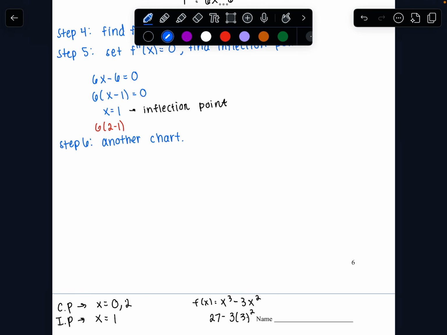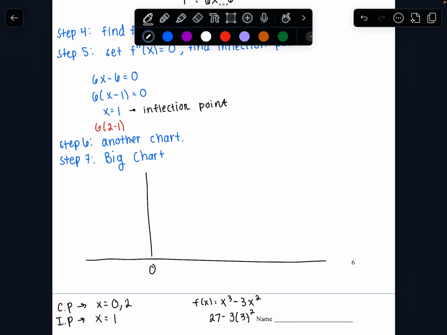So, step 7. Haha, 6, 7. Big chart. And now we're going to look at what's happening everywhere. So we're going to look at our critical points and our inflection points. So 0, 1, and 2.